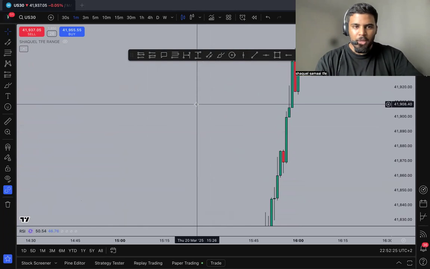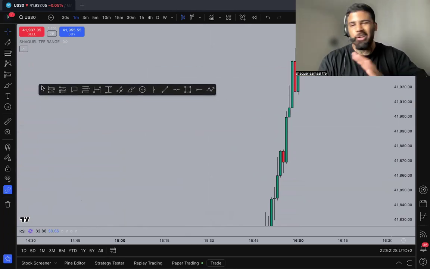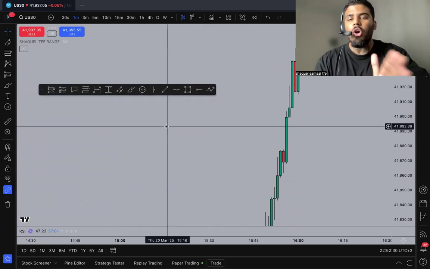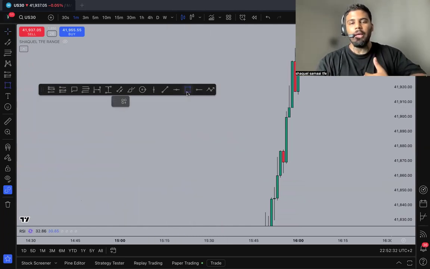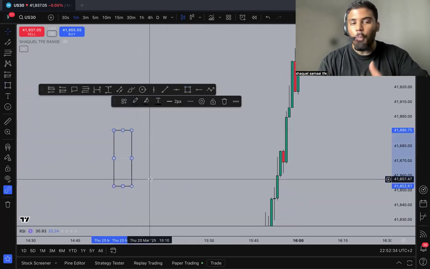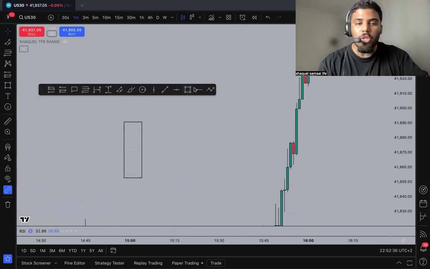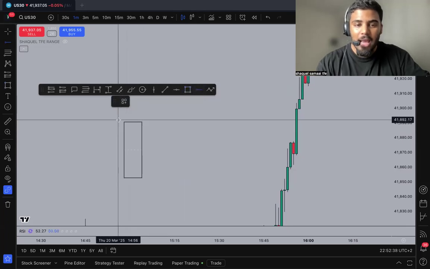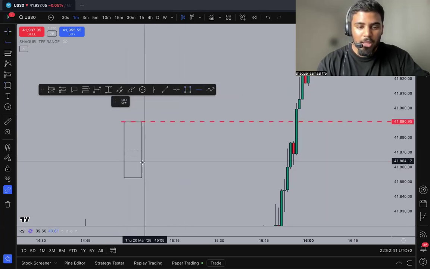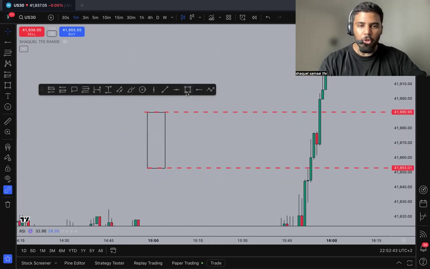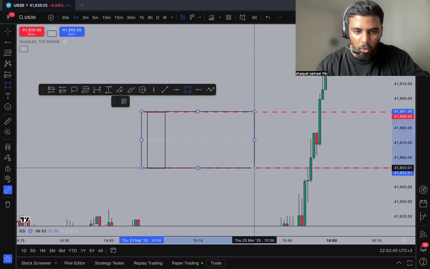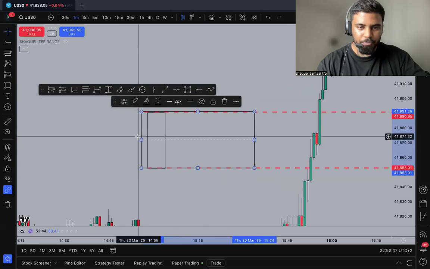Very easy, guys. Understand with this strategy, it's very simple. The New York Open candle, once it opens and closes, all you got to do is box off the high and low. So basically the high and the low, you're going to box it off. It's very simple. On the 1 minute time frame, you're going to box that candle off. So for instance, it's going to look like this right there.